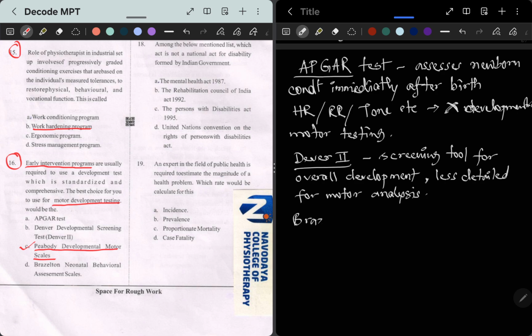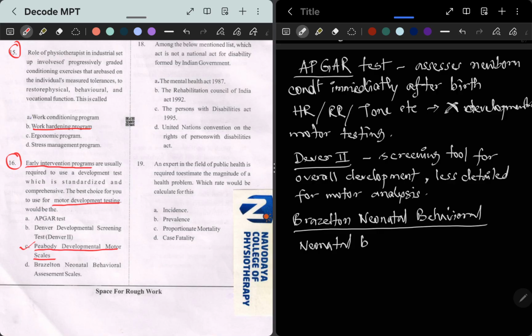It is a behavioral assessment scale that assesses neonatal behavior and response, not the comprehensive motor development.